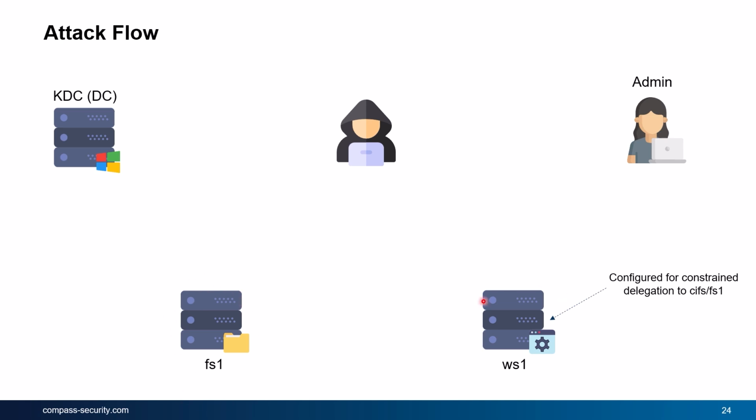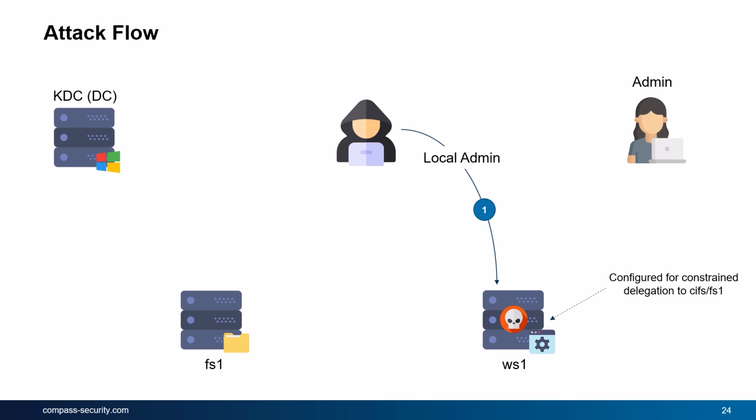We have the front-end service WS1 that is configured for constrained delegation towards the file share. And then we have a user, an admin, and our attacker. Now, what must happen first is, of course, that the attacker must have control over the system that is configured for constrained delegation. So essentially, we need to get local admin rights somehow on this box.